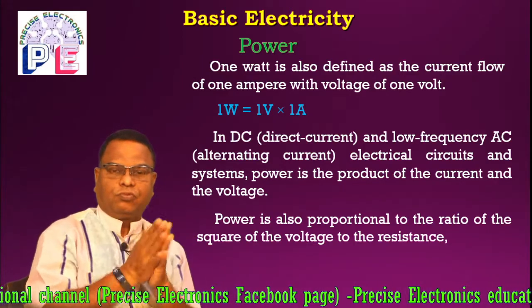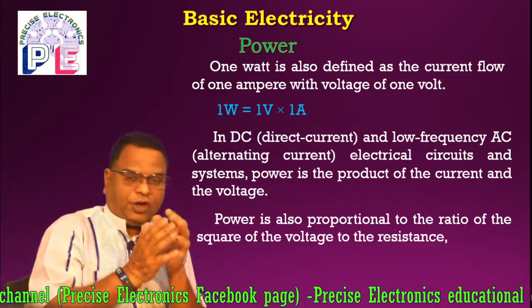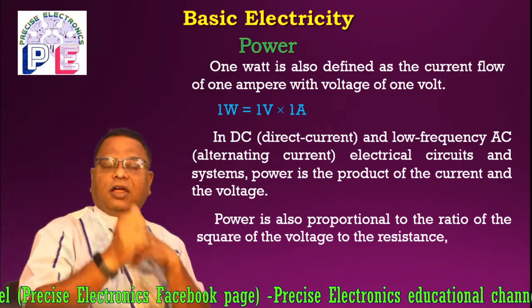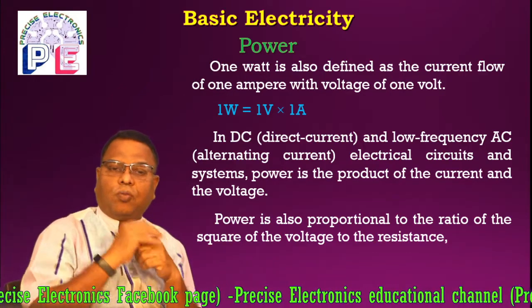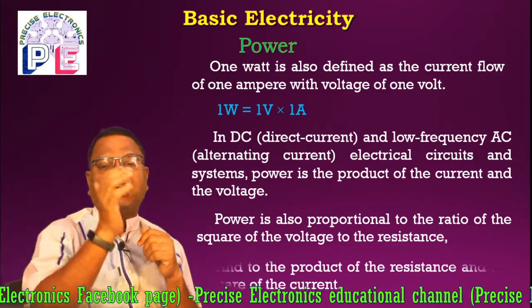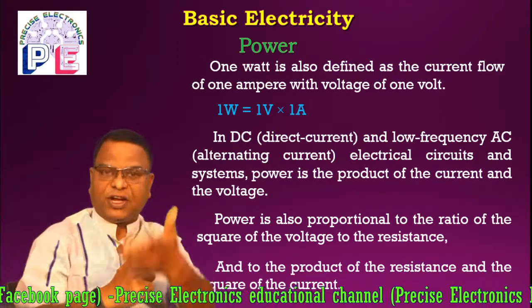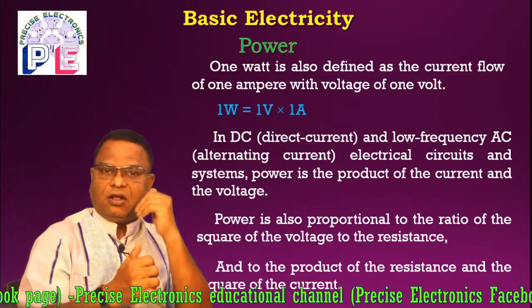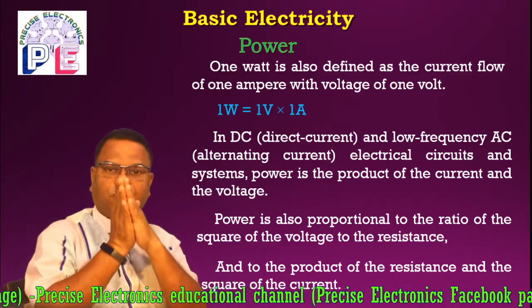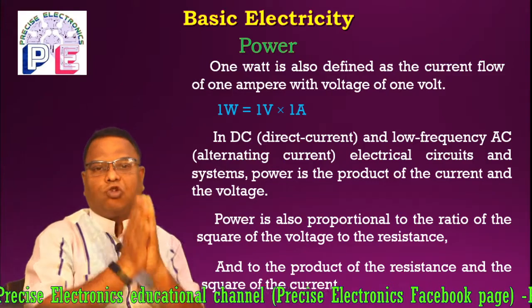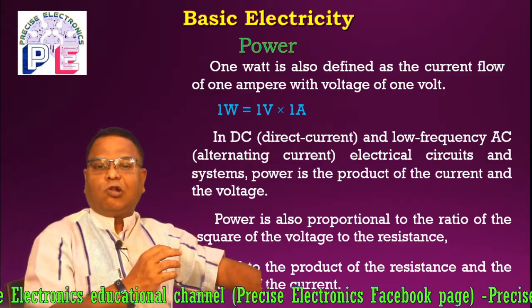It is also the product of resistance and the square of the current. The current flowing through that system, squared, that is I², multiplied by the resistance also gives the power.